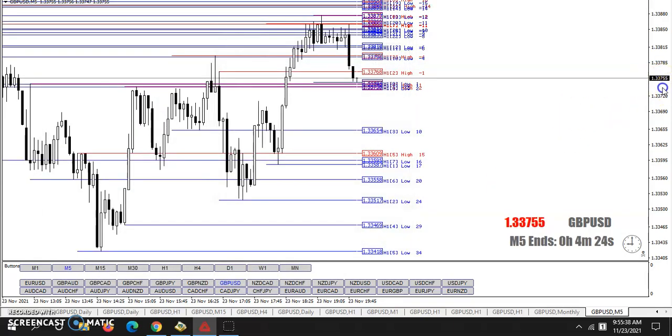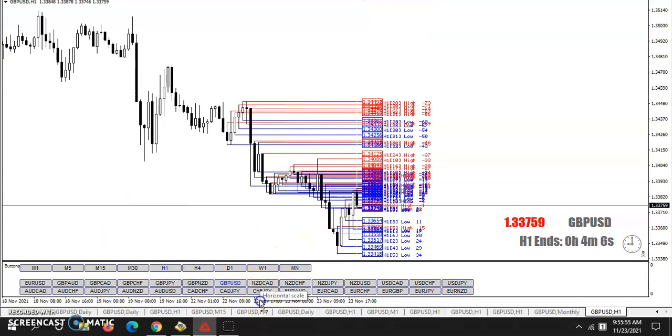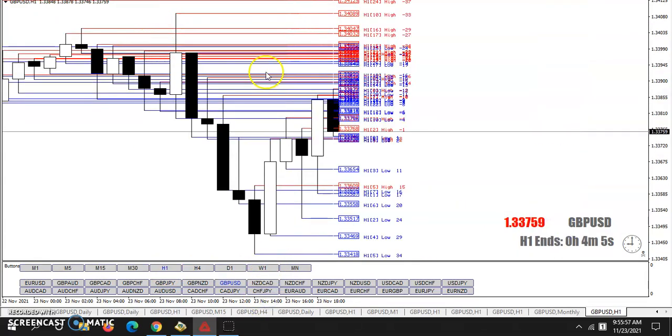So, now you see all these H1 highs and lows for the last 34 bars in each one. So there's bar 1. And if you flip over to the H1 chart, you can see just how that looks.